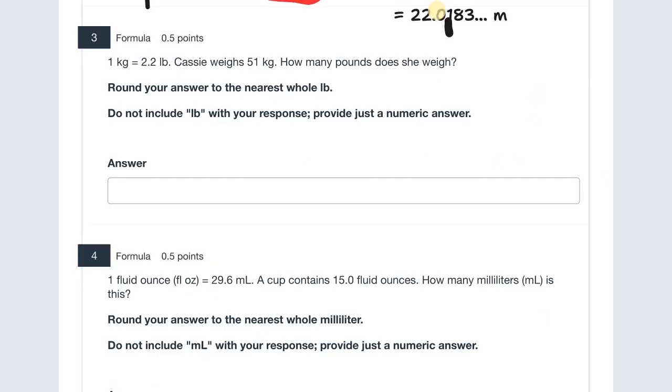Cassie weighs 51 kilograms. How many pounds is this? Again, I like to put 51 over 1. I'm going to multiply by a fraction. And to get kilograms to cancel, I need 1 kilogram in the bottom.